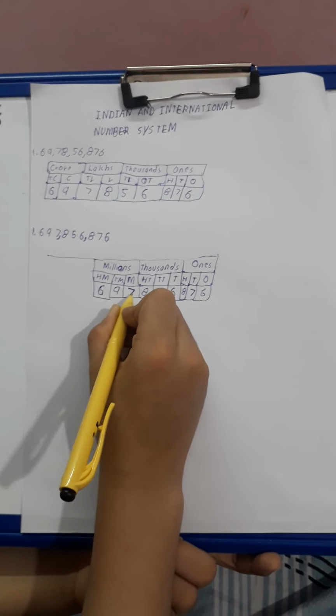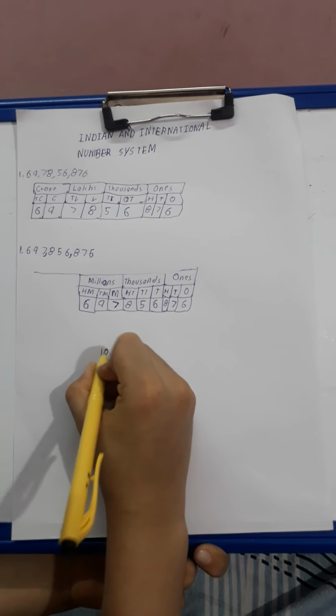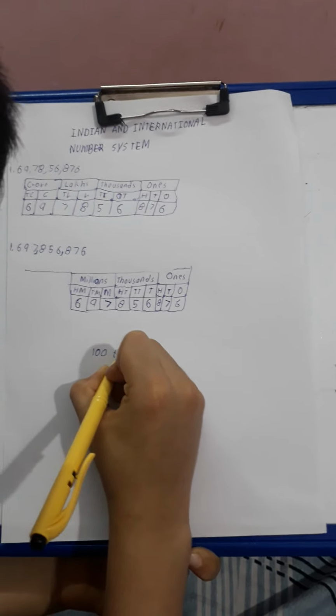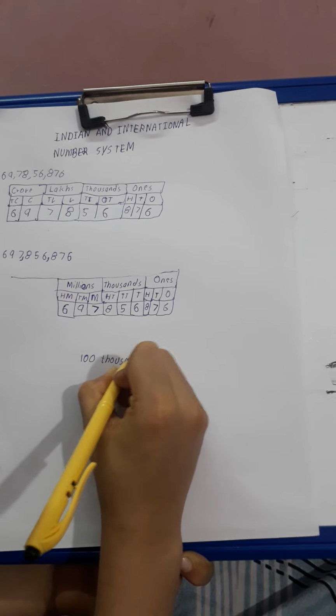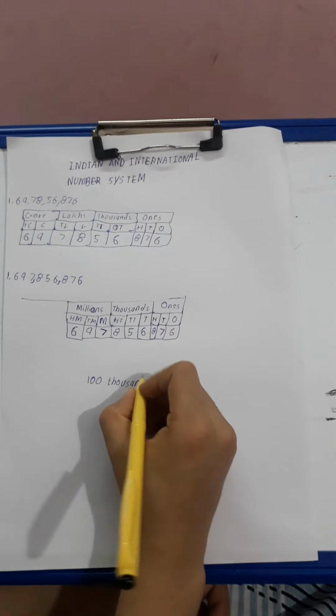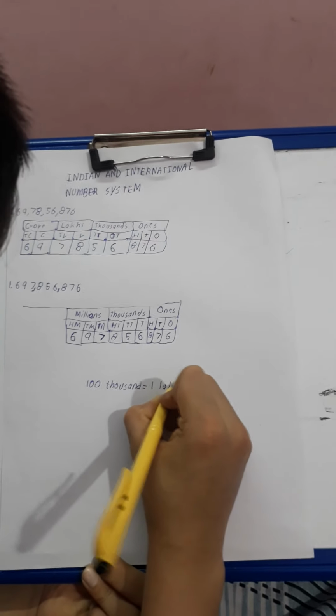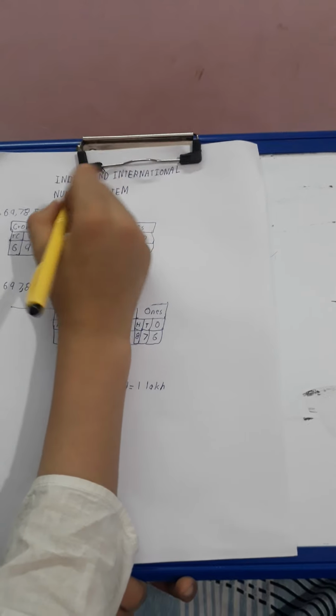So we will write that 100,000 of the international number system is equals to 1 lakh of Indian number system.